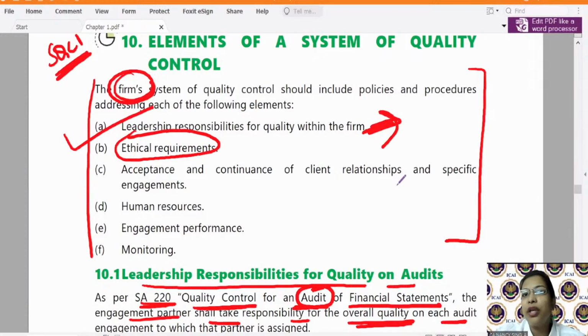And here in this point, we understood the concept of engagement partner and the responsibility of engagement partner with respect to the overall quality of the audit engagement.